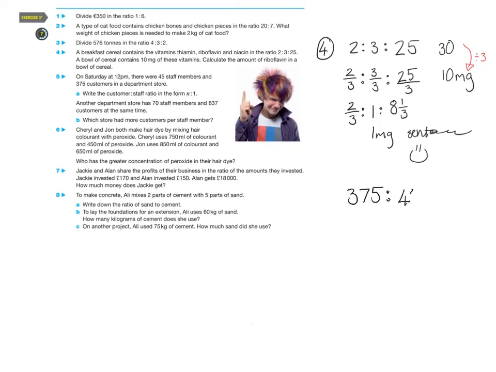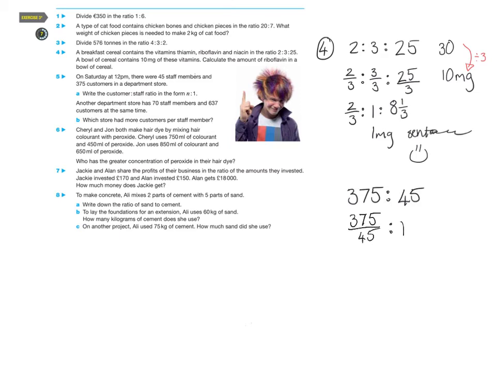What's important to notice is that the ratio they want is customer, which is 375, to staff, which is 45. So the customers must go first and the staff afterwards.